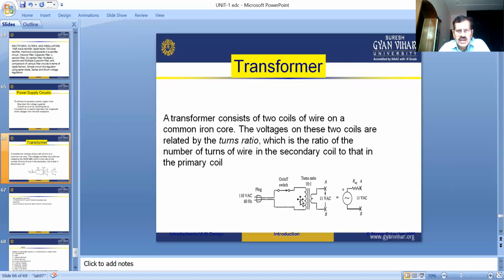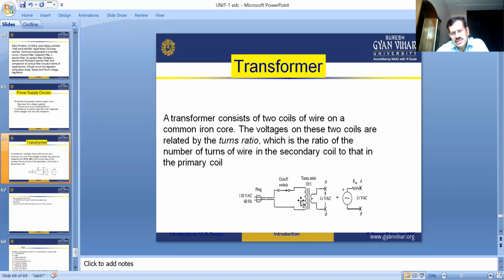A transformer consists of two coils of wire, called the primary winding and the secondary winding, and they have one common iron core. This is the common iron core. This is the turn ratio.